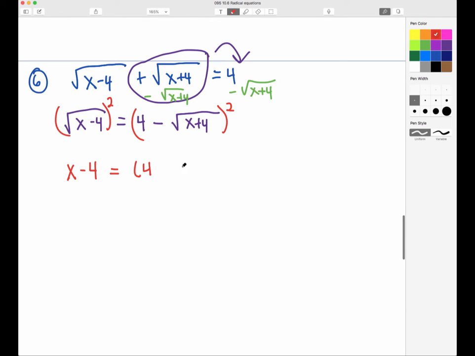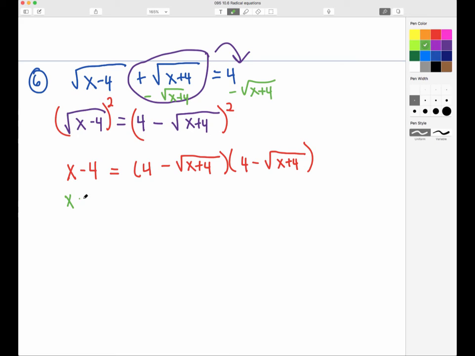We are multiplying 4 minus the square root of x plus 4 times 4 minus the square root of x plus 4. Now the reason why I'm writing this out is because I really want to see the foiling happen, and I want to make sure to get the right signs and the right terms and not accidentally make some errors.